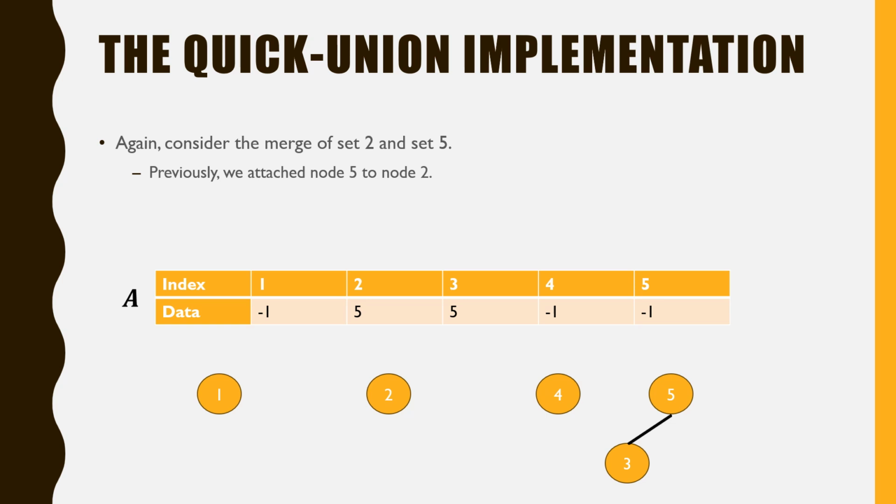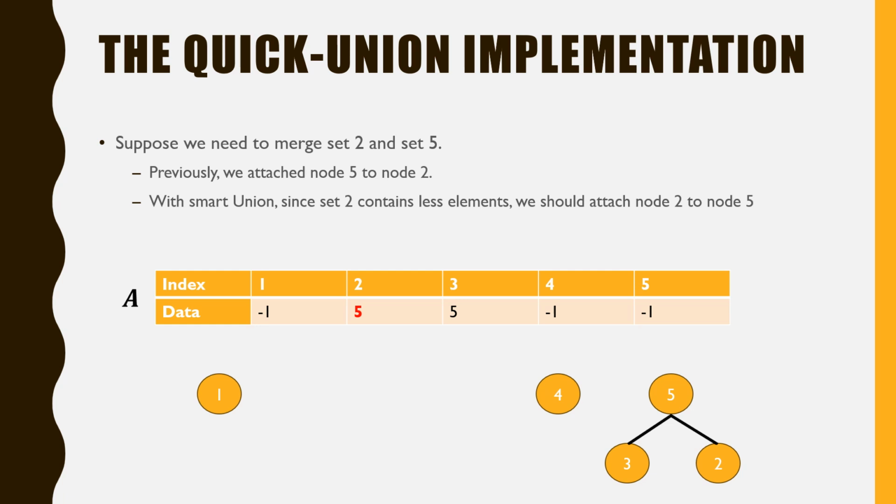Previously, we attached element 5 as a child of element 2. With the smart union strategy, we always attach the root of the smaller set as a child of the root of the larger set. In this case, set 2 contains only one element, while set 5 contains 2 elements.